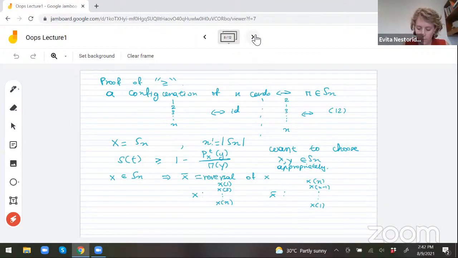And the important thing about this X bar is that to get from X to X bar, you better have picked n-1 distinct cards. So things are very similar to what we were doing with the Ising.